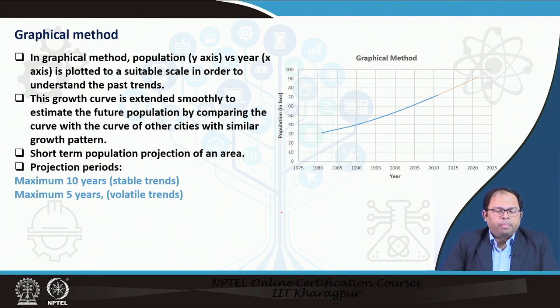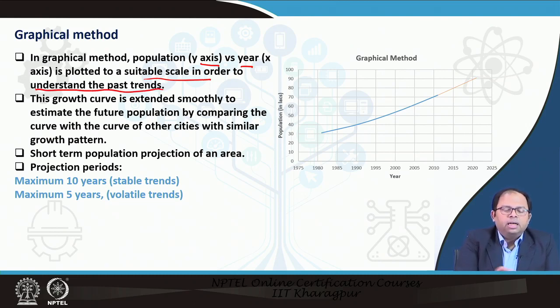Here, population is plotted on the y-axis and year or time is plotted on the x-axis, in a suitable scale, and this helps us understand the past trend in a visual way. We can see it is not exactly straight, it is a curve to some extent.